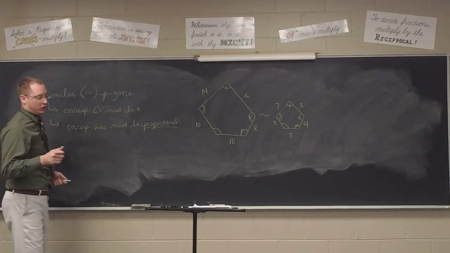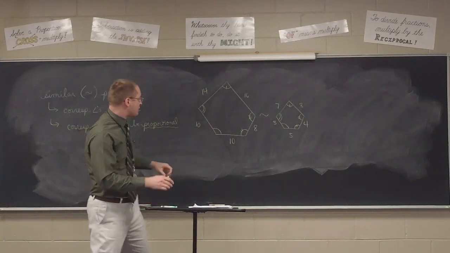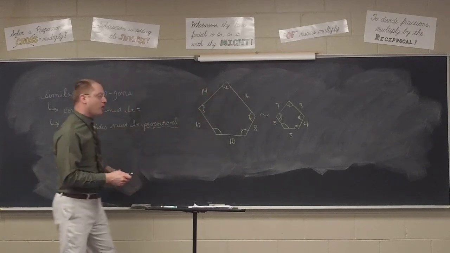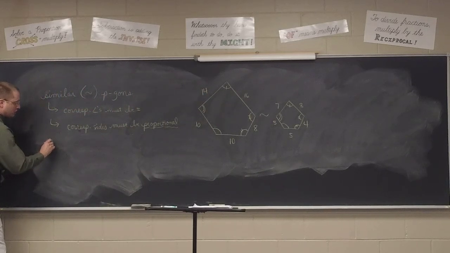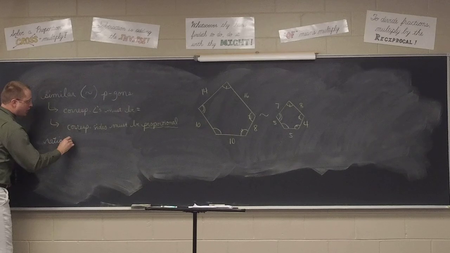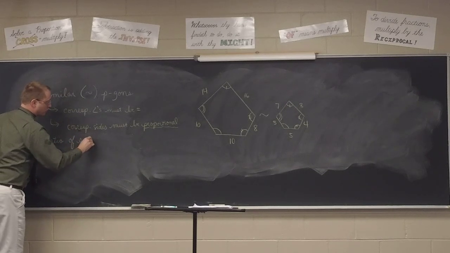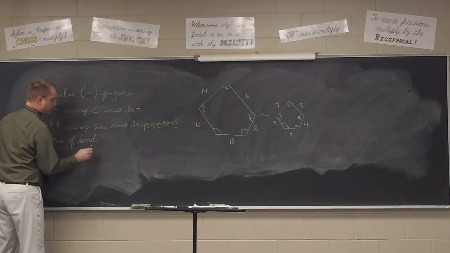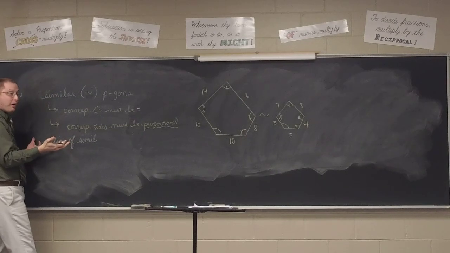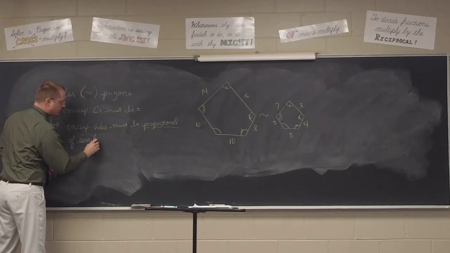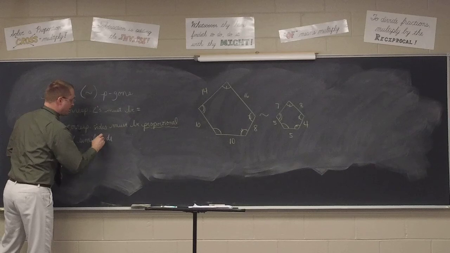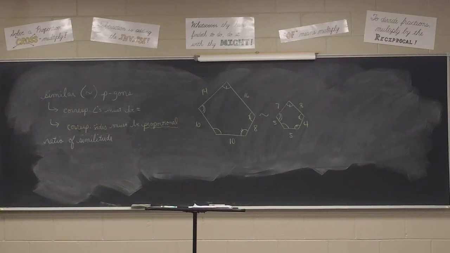I want you to write this term down in your notes next, because this ratio was always 2-to-1. We call that the ratio of similitude. The ratio of similitude. It's a fancier word than similarity. It's a ratio that shows how they are similar. The ratio of similitude, which is a noun form of similar.